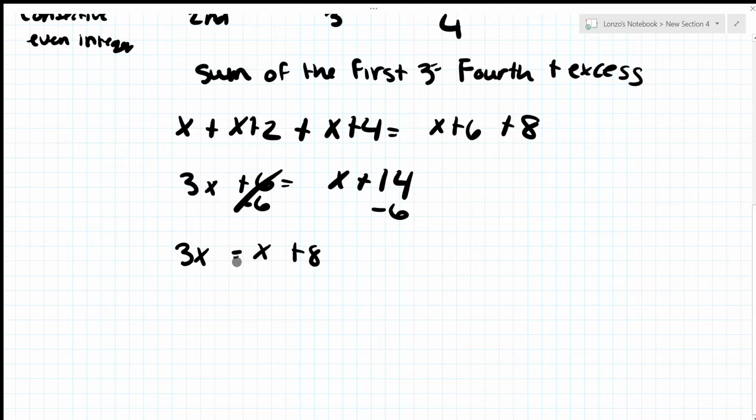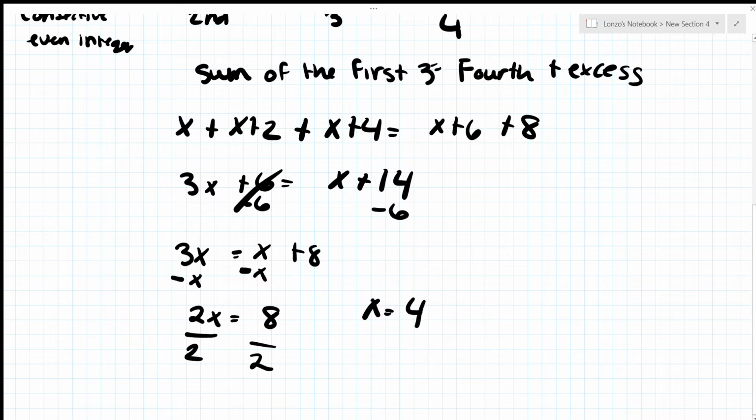Now let's move this x to the left, so subtract x. 3x minus x is 2x equals 8. Divide everything by 2, so x equals 8 divided by 2, which is 4. Okay, so we found x.